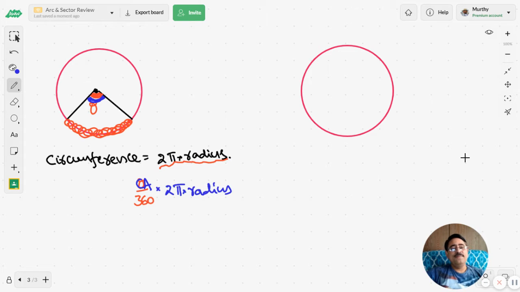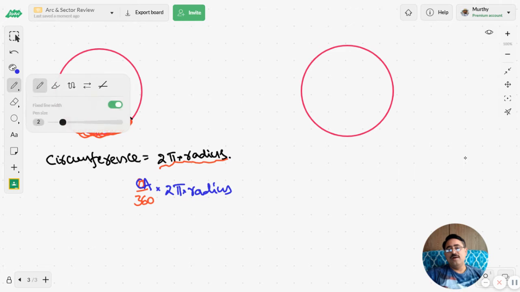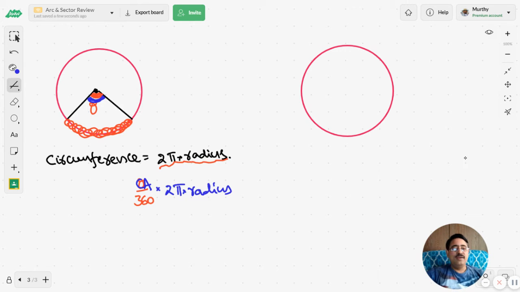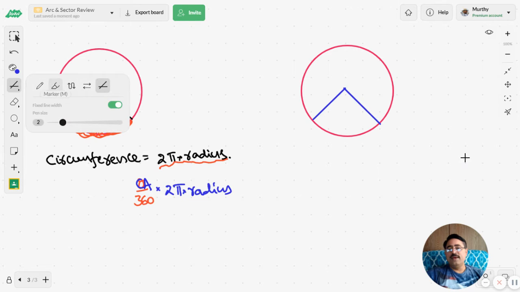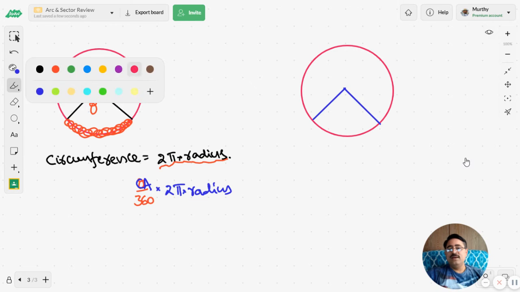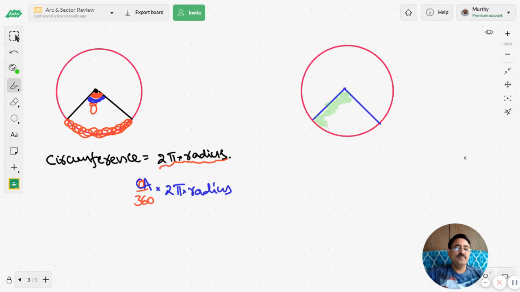In the same way, let me draw the radii. The plural form of radius is radii. Suppose you are considering this part, this one resembles a slice of pizza.